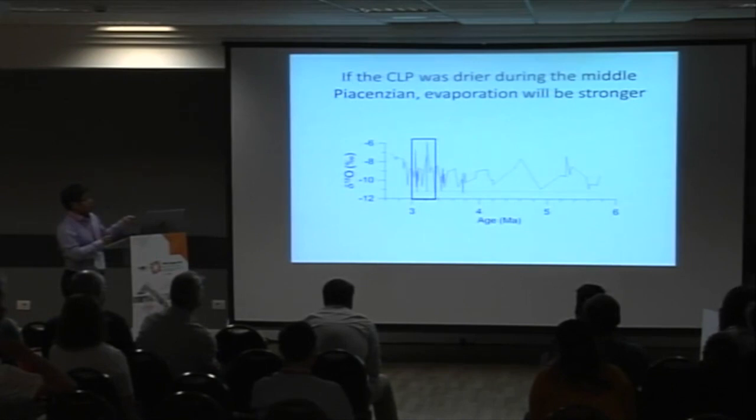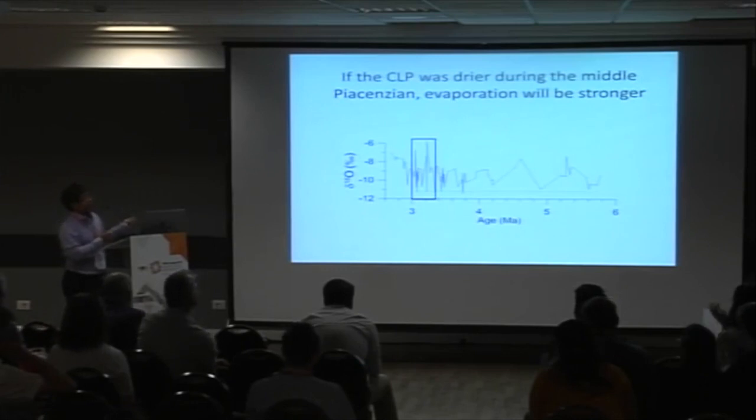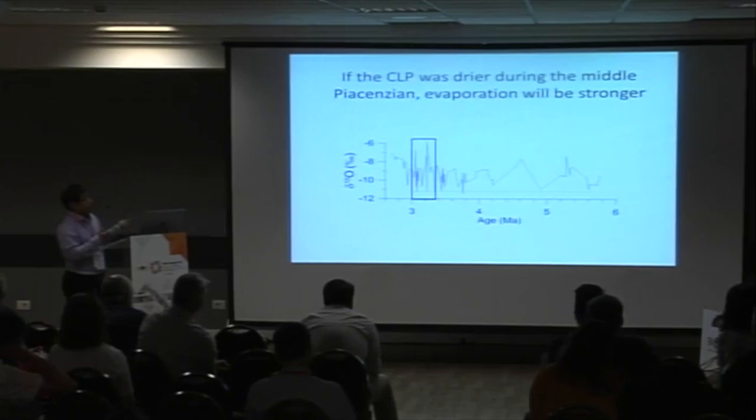As you can see, there are two high peaks with more enriched δ18O, and these are actually the highest two values over the entire 6 to 2.7 million years. I interpret this as a dry, evaporative condition.